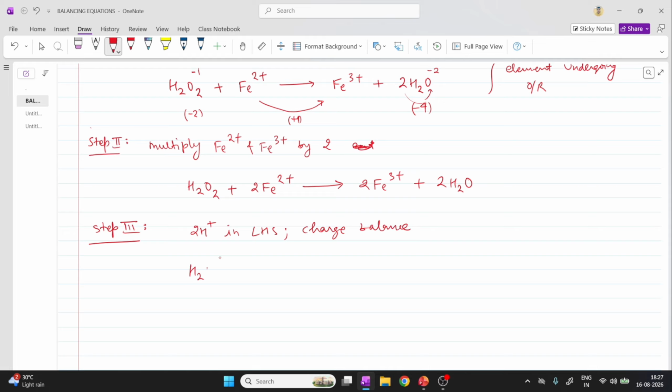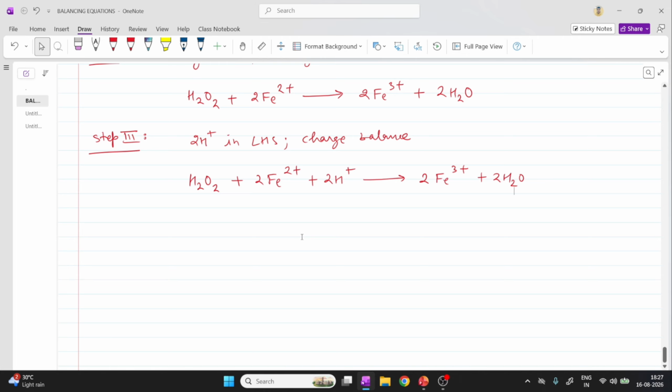So this becomes H2O2 plus 2Fe2+ plus 2H+, and it gives 2Fe3+ plus 2H2O. So this is the equation that we have now, and the last step we are left with is to balance oxygen and hydrogen.